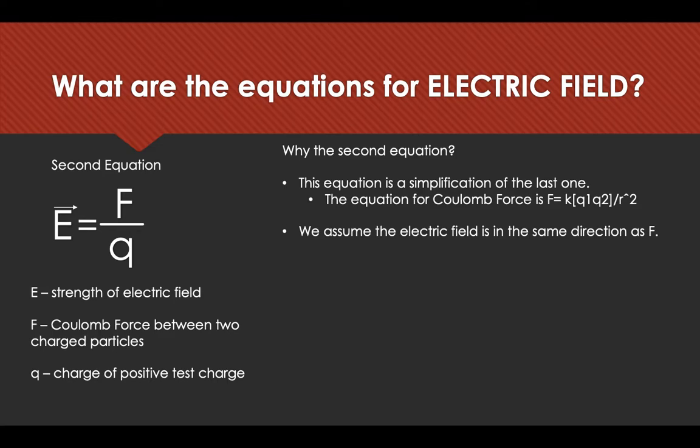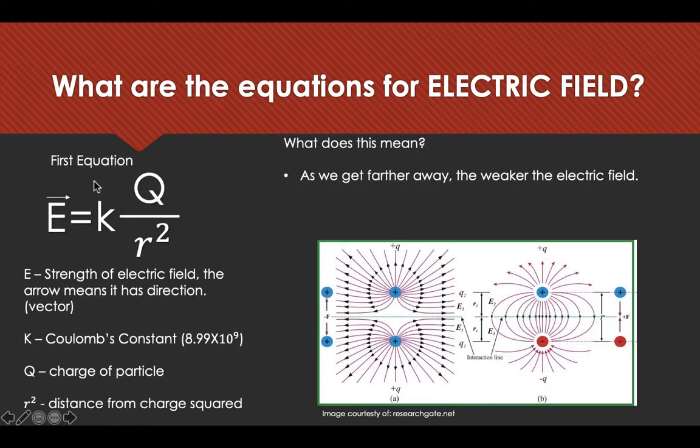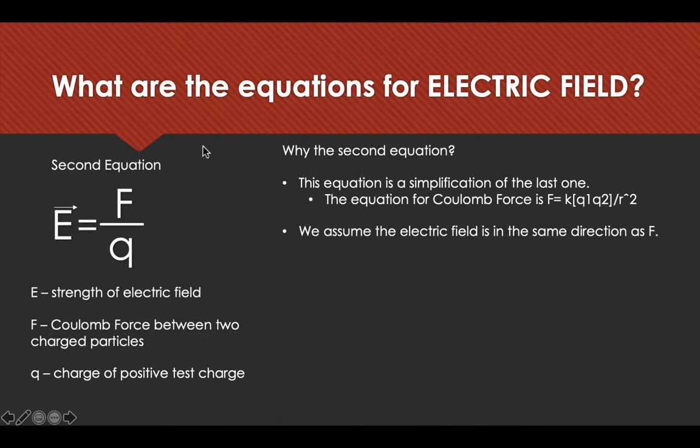Then the second equation simplifies that for us. If you plug in Coulomb's force into this force right here, one of the charges cancels out and you actually get this equation right here. So this makes it a little easier to understand.